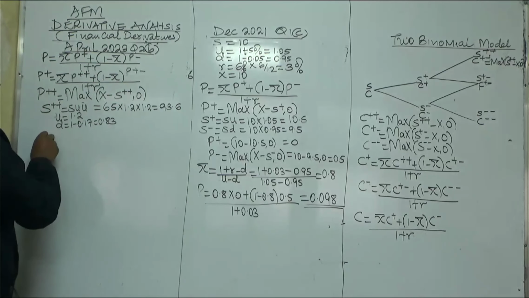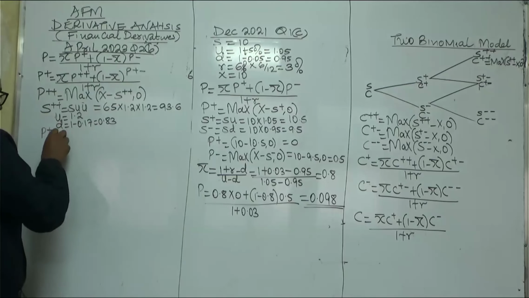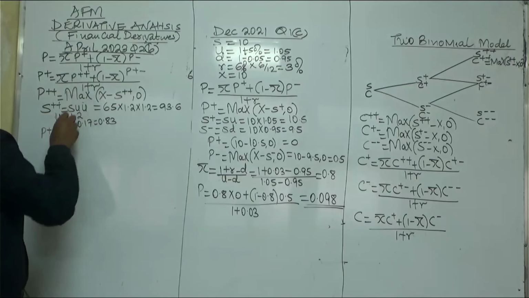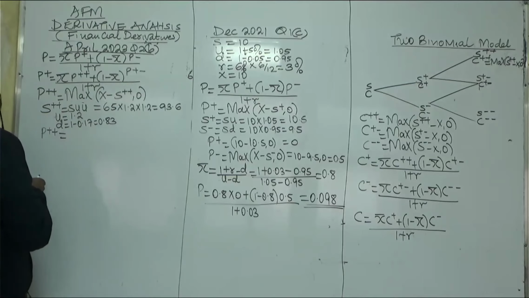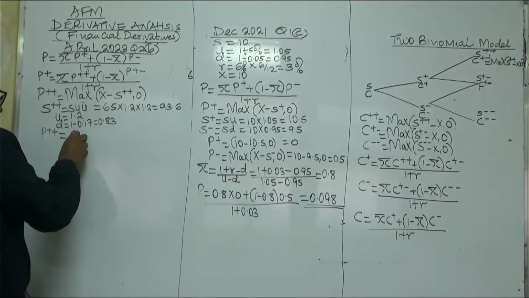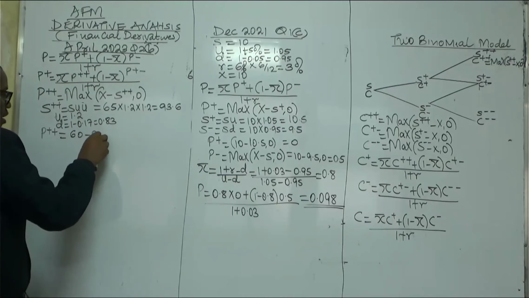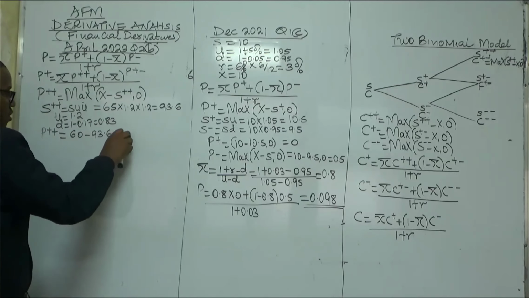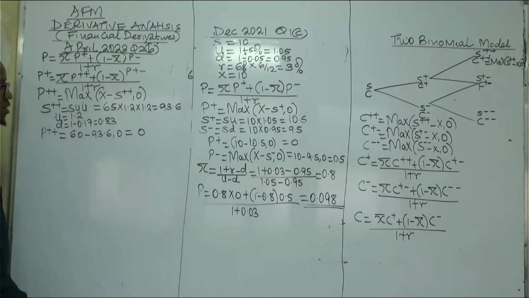So our P plus plus will be the maximum of the exercise price, given as 60 in the question, minus 93.6, compared with 0. That will be 0.